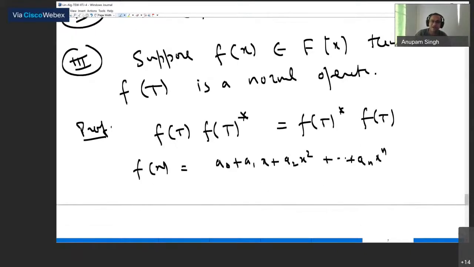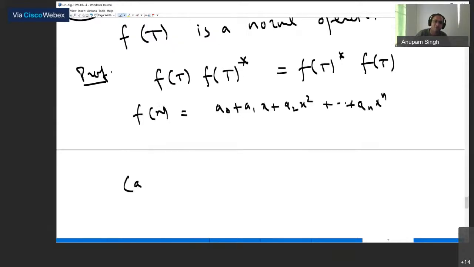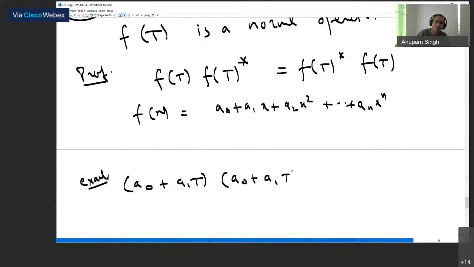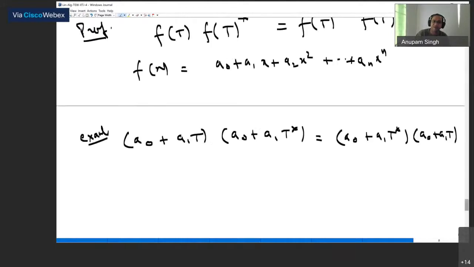So for example, for degree 1, (a0 plus a1T) into (a0 plus a1T star), if you expand this out, the expansion will match with a0 plus a1T star into a0 plus a1T, using T star T is T T star. So it's just simply writing down in longhand.